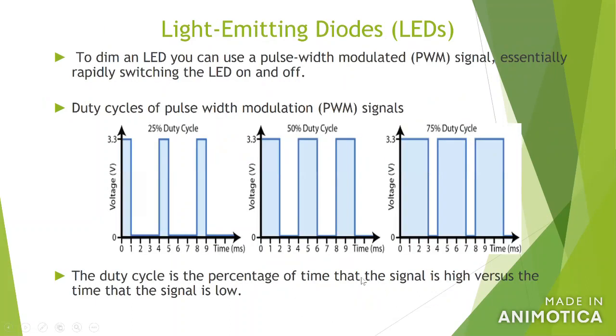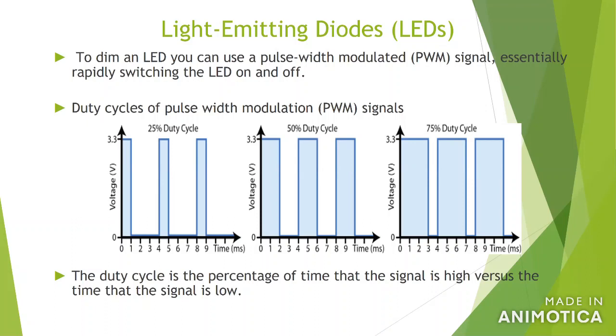And to drive an LED, usually when you turn an LED on or off, sometimes you want to dim the LED. So how do you dim an LED? That means you can turn on the LED and make the light intensity between fully on and fully off.